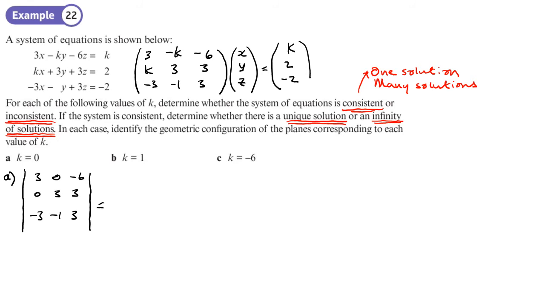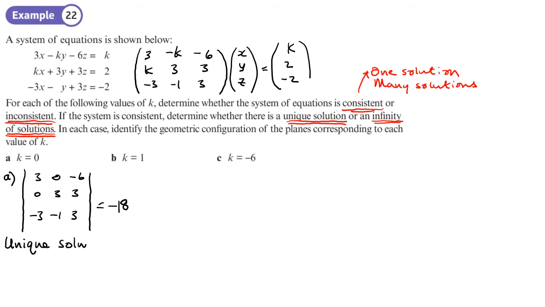I press number 2, then option, number 3 for matrix A, which is what I've defined, and I get a determinant of negative 18. Because this is non-zero, it's non-singular, which means there is a unique solution.